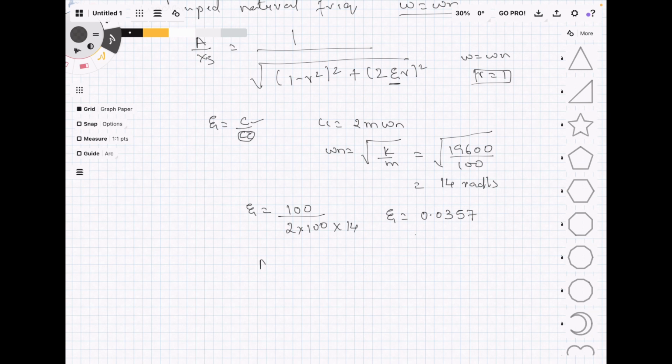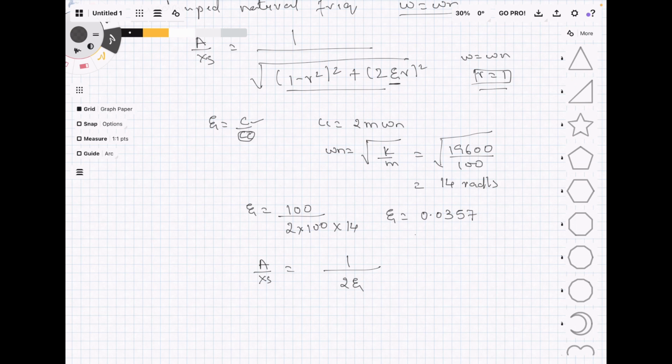So A by xs, if you take r is equal to 1, this equation gets modified. Here if I put 1, this term becomes 0. So what you will be getting is 1 upon 2 zeta, because r is 1 here.